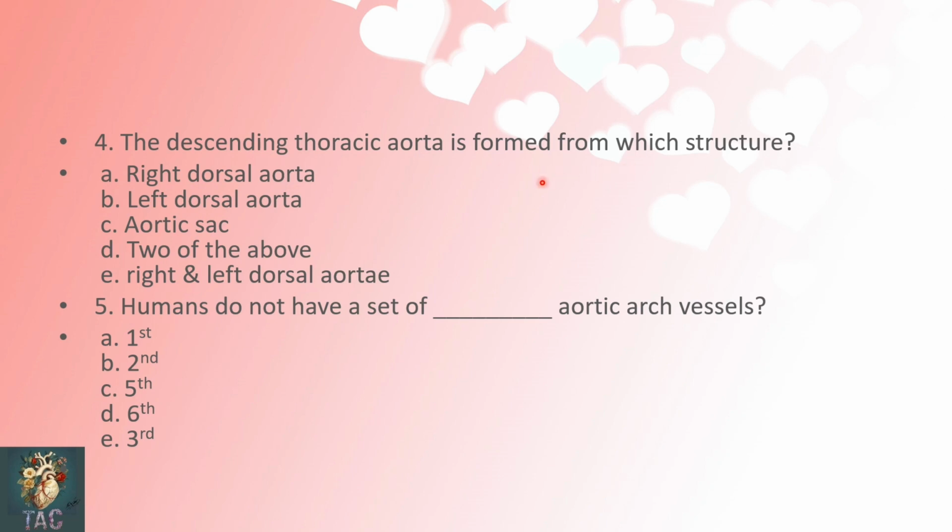This is descending, remember: right dorsal, left dorsal, aortic sac, or two of the above, the right and the left dorsal. Humans do not have a set of which aortic arch vessels: first, second, 5, 6, third. So this was your surprise test. You can answer me through WhatsApp, through the YouTube channel as well.